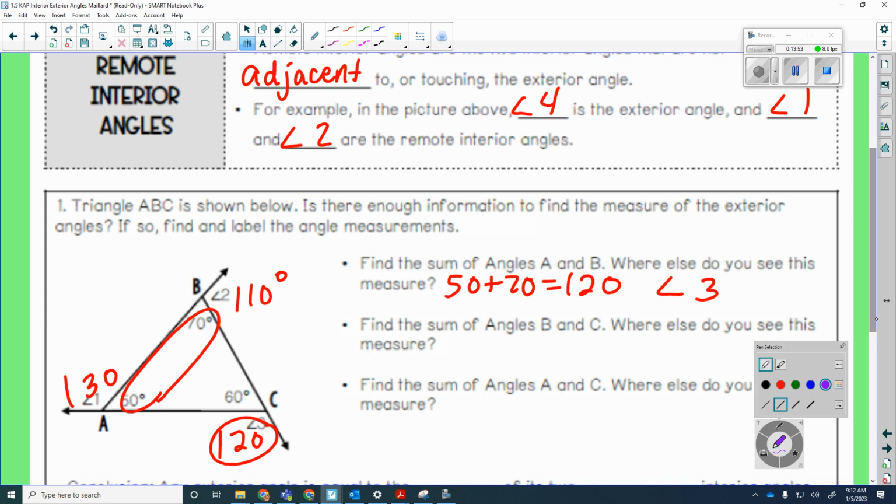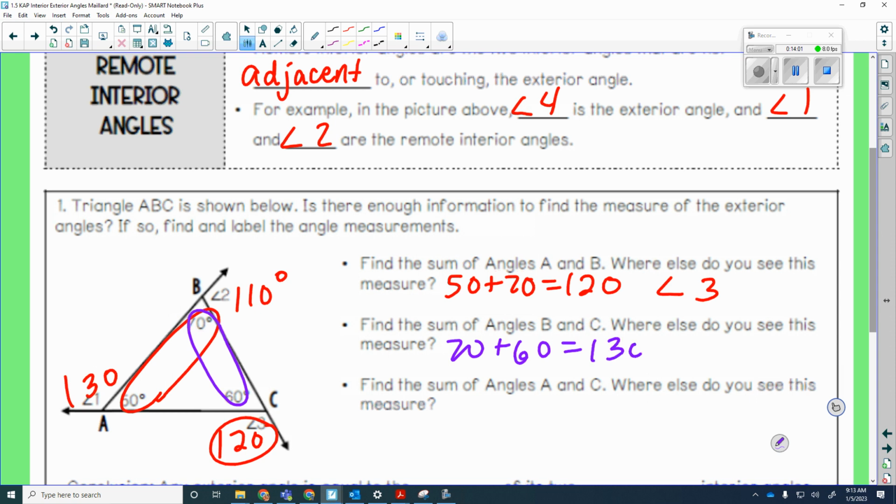Let's look at the next one. How about the sum of B and C? B and C would be 70 plus 60, which is 130. Where do we see that? Angle 1. You see that? And then let's do one final one.